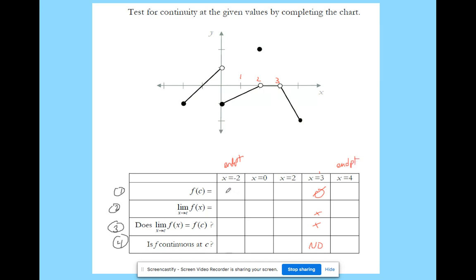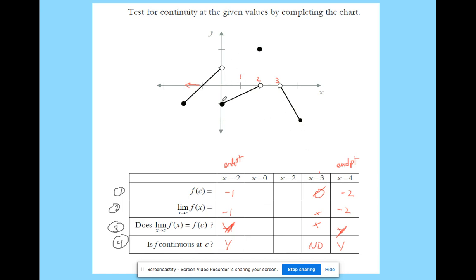The function value is -1. The limit from the left is all I have to consider, and it is also -1. Those two values are equal, therefore I'm continuous at an endpoint. Endpoints are kind of silly questions. Yes, they are equal. So yes, I am continuous.